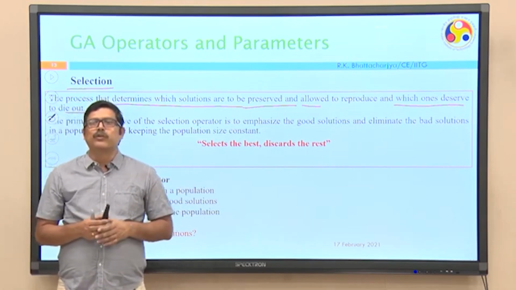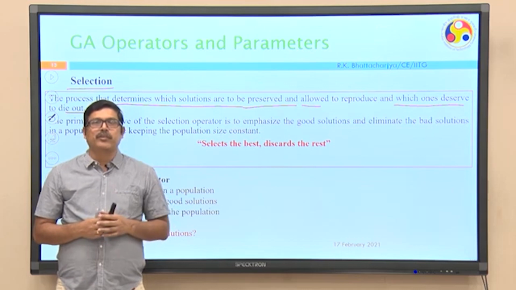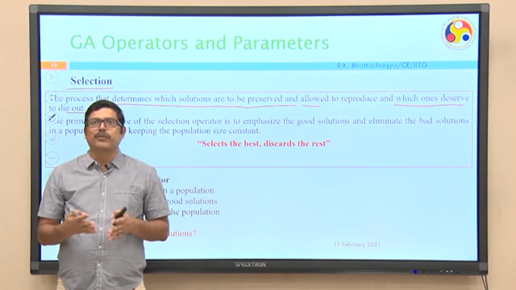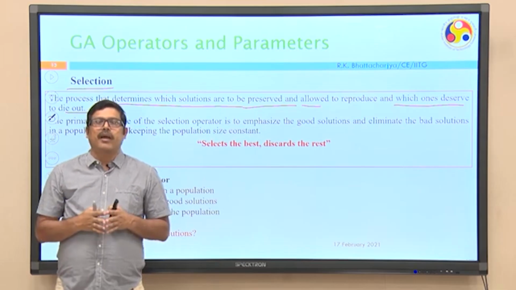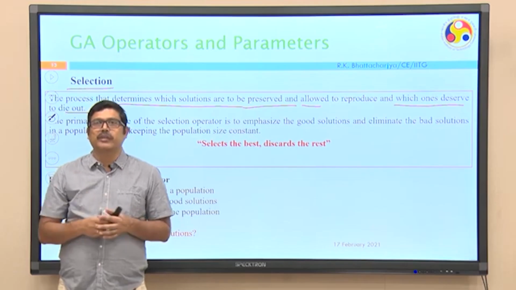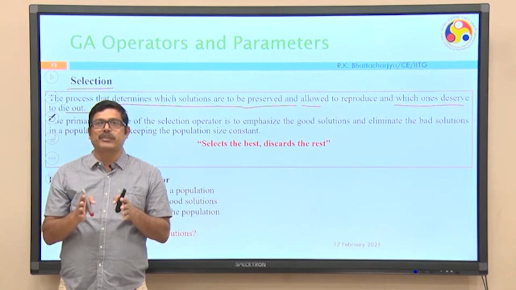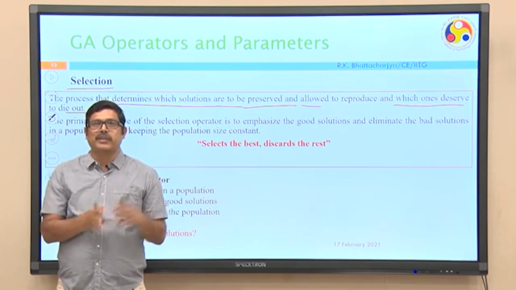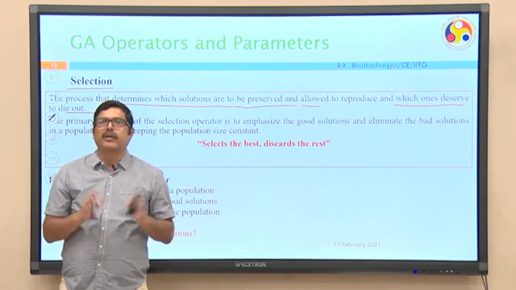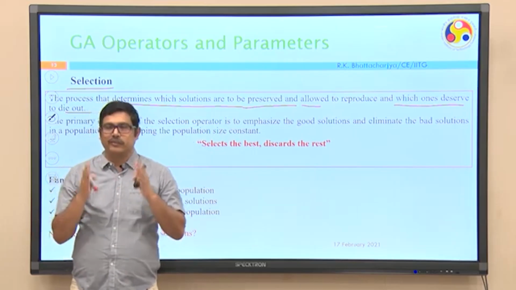This operator will create multiple copies of the better solutions, eliminate the worse or inferior solutions, and maintain the same population size. You have 100 solutions, and after implementing this operator you should still have 100 solutions.